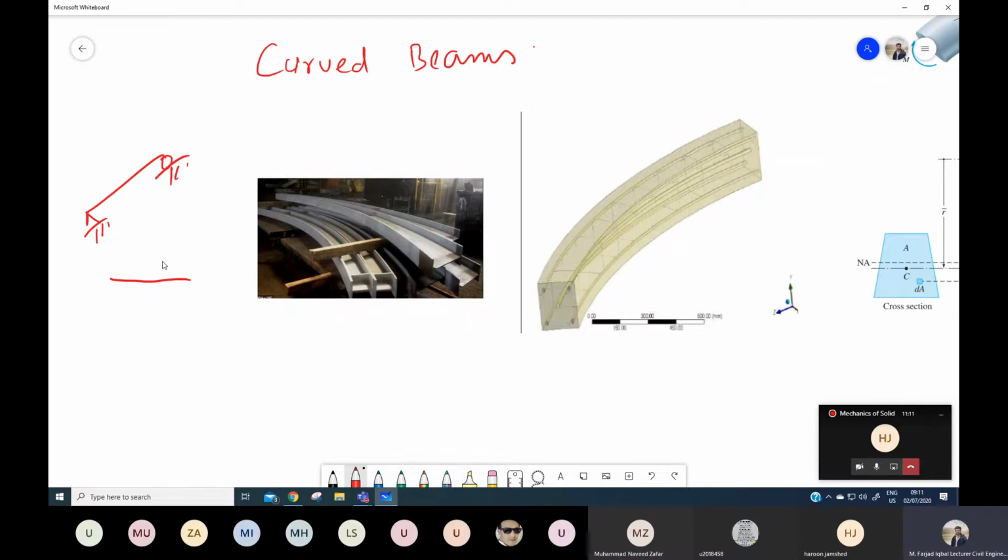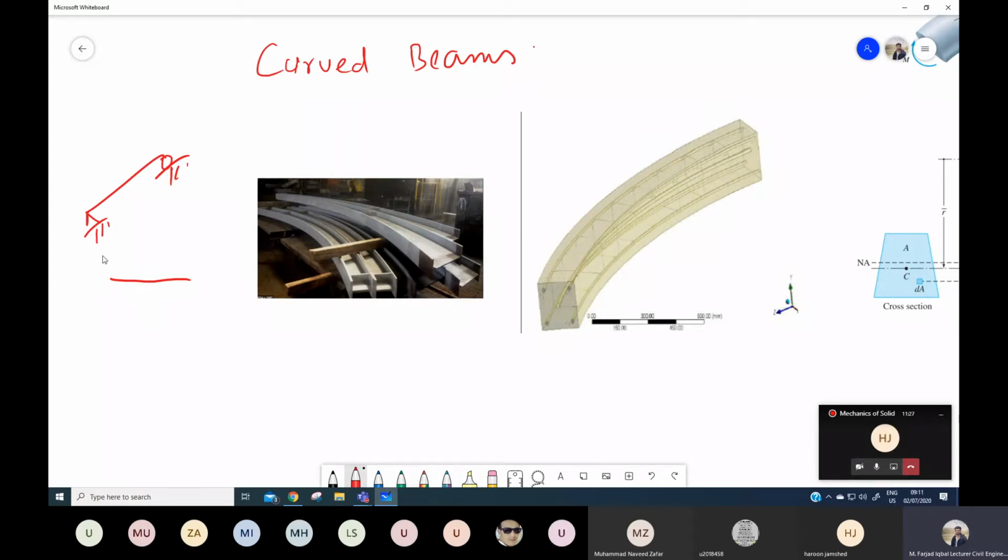For example, the architect may specify that we need to provide a curved beam here. In that case, the structural engineer can't do anything. He is supposed to provide it just for the sake of the view of the building.